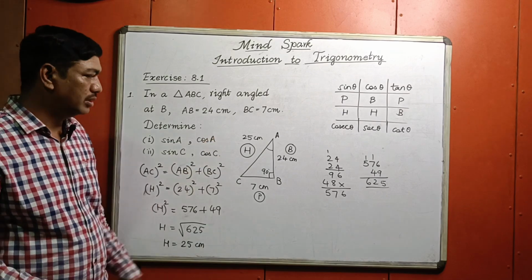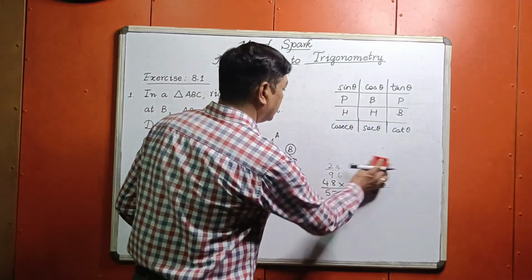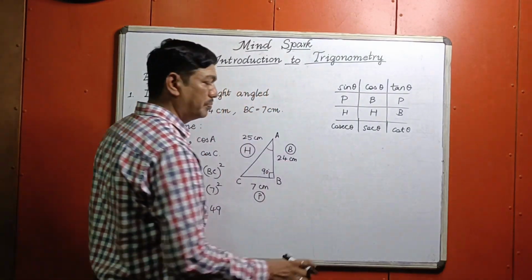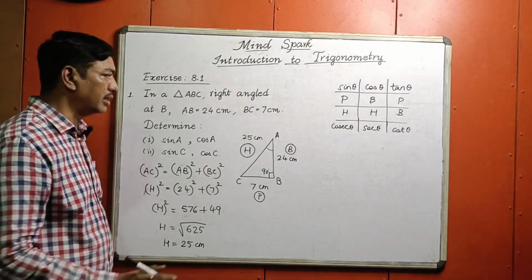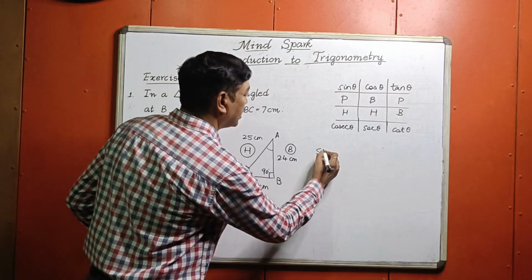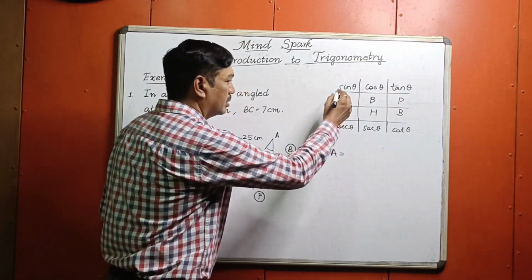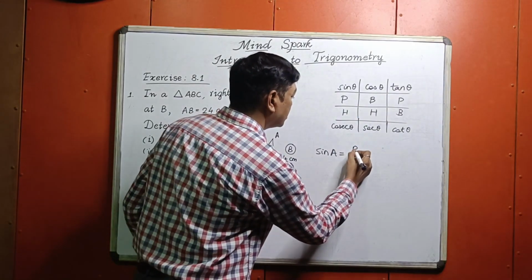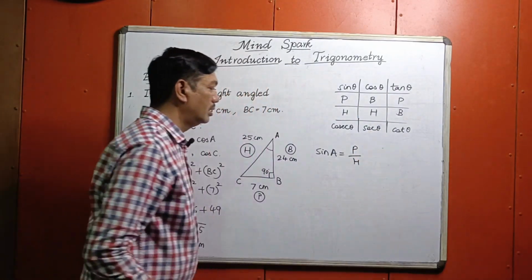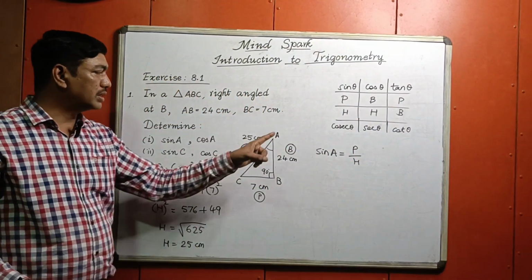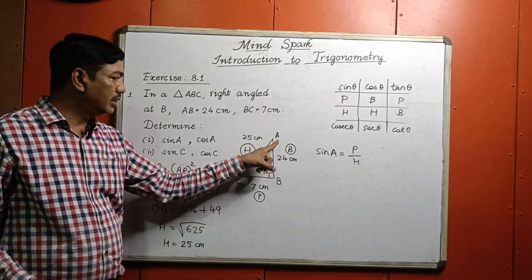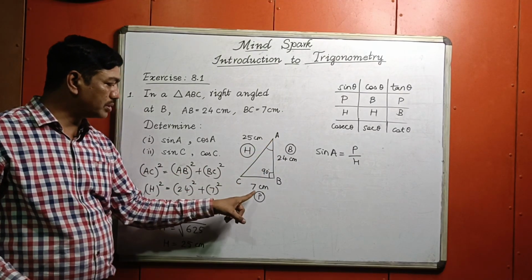Now coming to finding the trigonometrical ratios, say they are asking for sin A. When you want to solve sin A, the relation is perpendicular by hypotenuse. But this perpendicular is with respect to angle A. For angle A, the perpendicular, that is the opposite side, is BC.